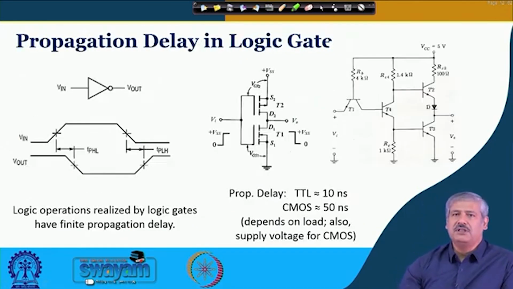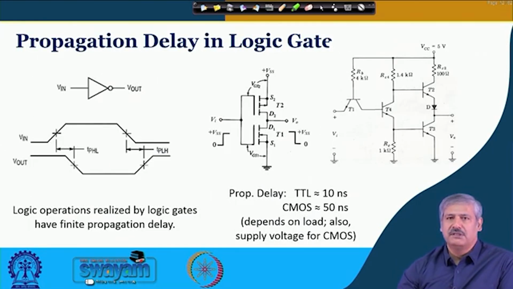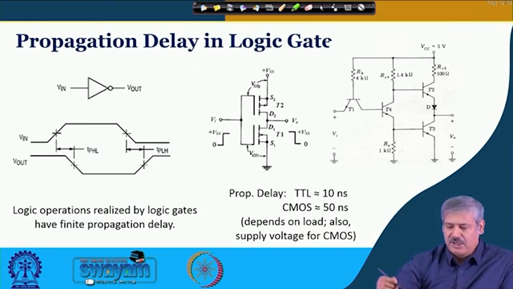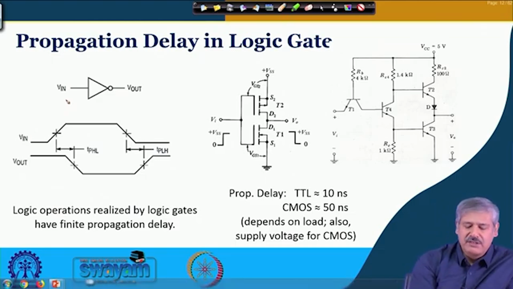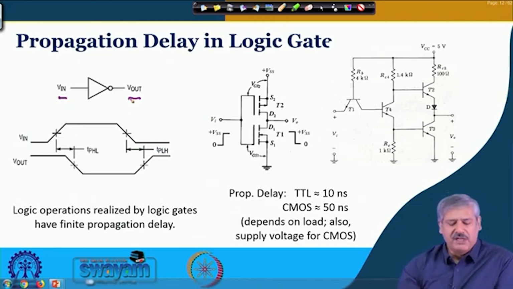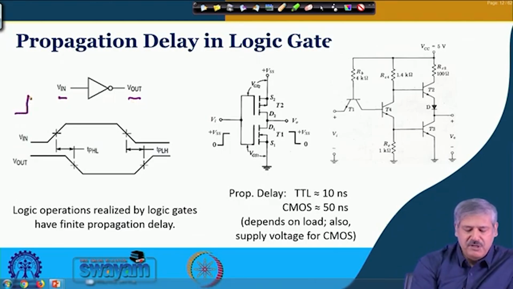But we noted before that there is propagation delay in a particular logic gate, whatever logic gate we talk about. Now we are looking at it in terms of the voltage presented. Earlier we were writing 0 1 1 0 and so on, which is fine, but if you look at the input voltage and the output voltage, stretching it in time, you will see that it is not a very sharp rise.